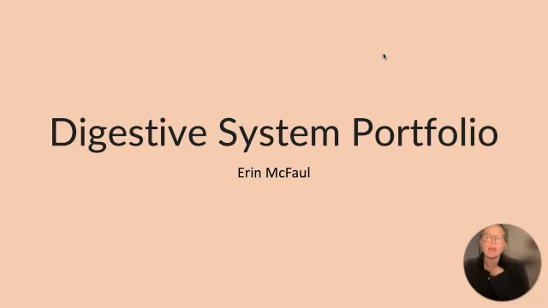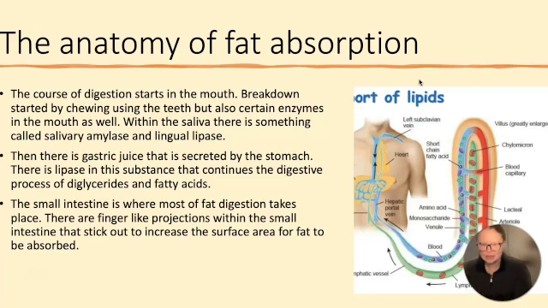Today I will be breaking down some more specific things that happen within the digestive system: enzymes, enzymology, some anatomy, stuff like that. I also made a study aid to help me remember and understand these things a little more. Here is a PowerPoint that I have created, and we can just go ahead and get started.